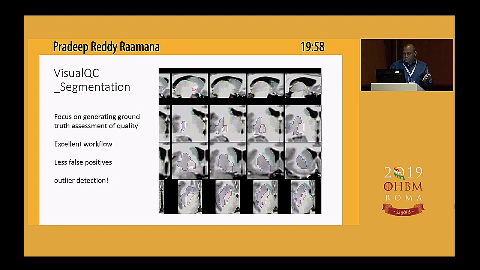Another way to do this, if you are not really producing atlases, but actually looking at hundreds of subjects in a data set and also multiple structures, is via Visual QC, which can really make this process easy.